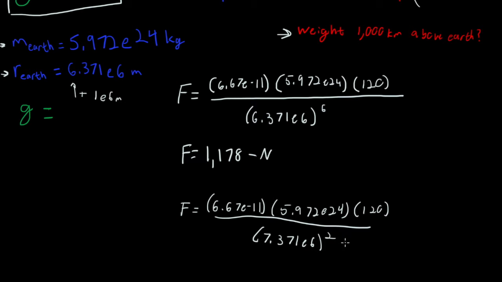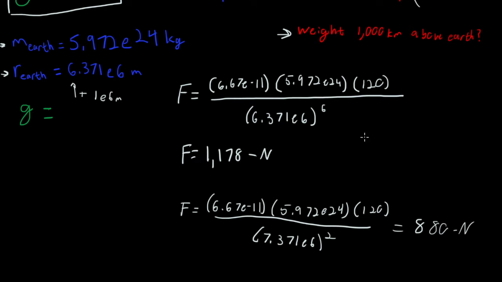And then we square that. Now let's plug all of those numbers in and see what changes. And so now our weight goes down to 879.78, so let's round that to 880 newtons. And so we can see that our weight is going to change pretty significantly as our radius increases.